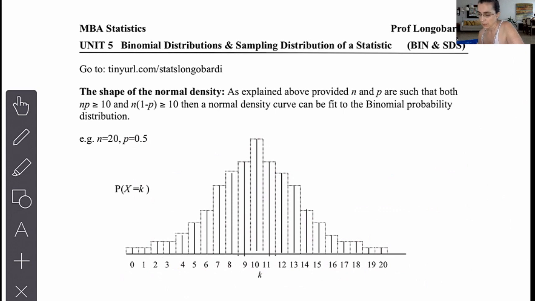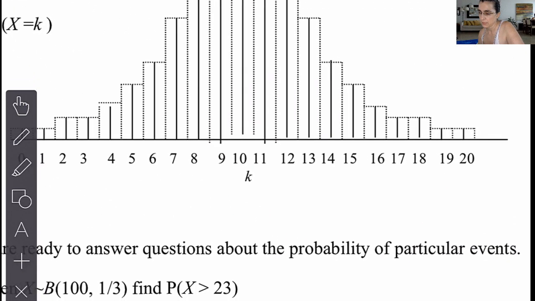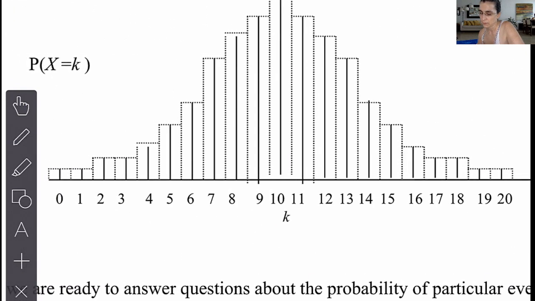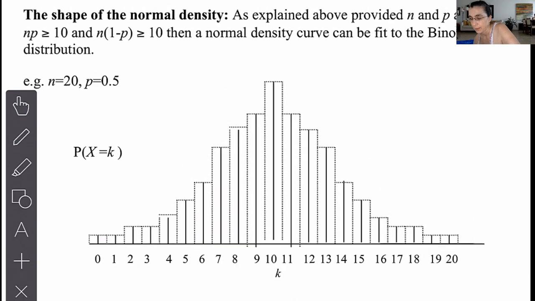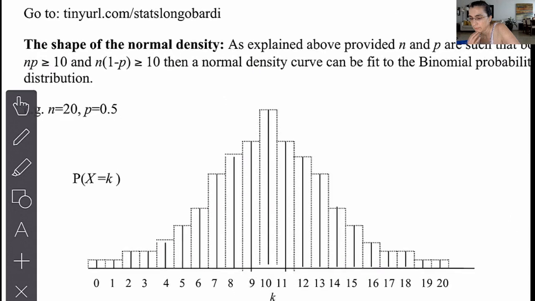But what I've done is I put some density around each spike. And what I'm doing there is connecting the discrete to the continuous distribution.